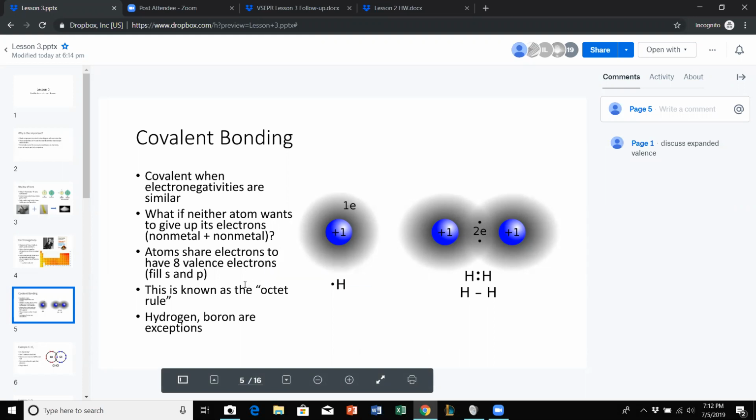So basically, the atoms will share their electrons so that each atom has 8 what are called valence electrons. The valence electrons are in the outermost shell, and what I mean by outermost shell is the largest value of n. Let me just give you an example.